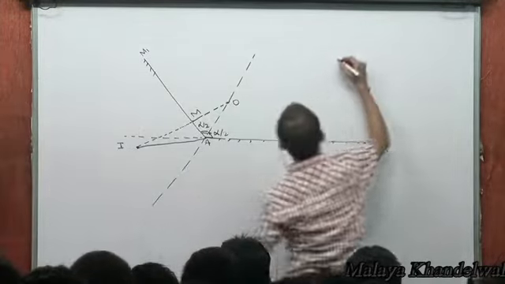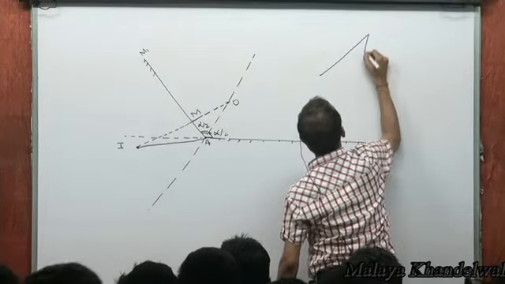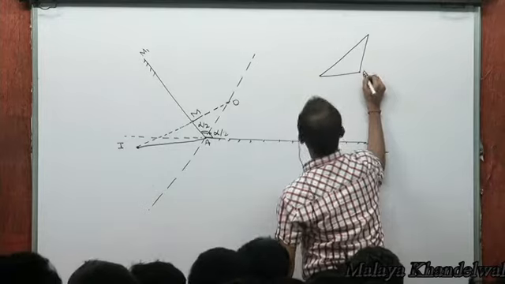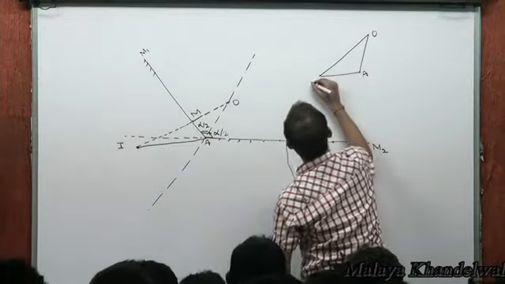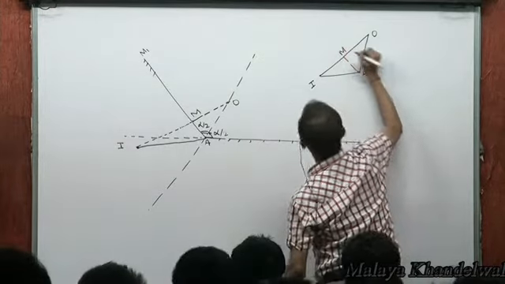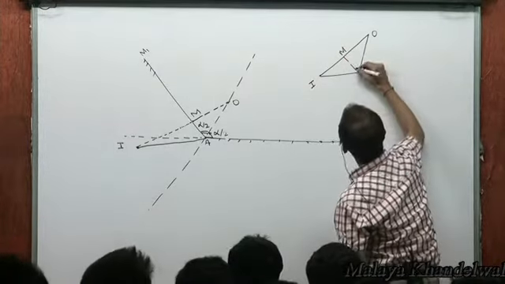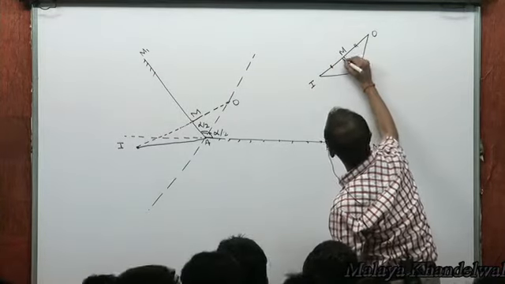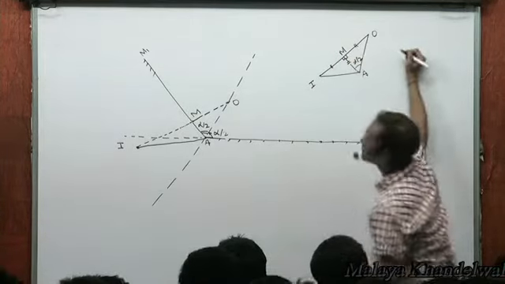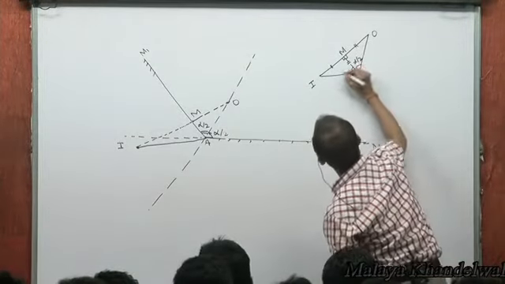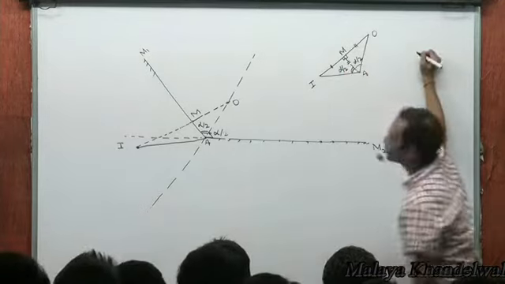Now if I look at this diagram, do you realize this angle is alpha by 2? Object distance is image distance. This is 90 degrees, 90 degrees common. These two triangles are congruent, right? So can I say that this angle must also be alpha by 2?